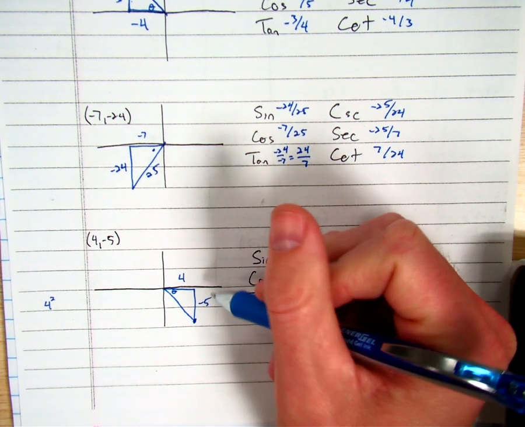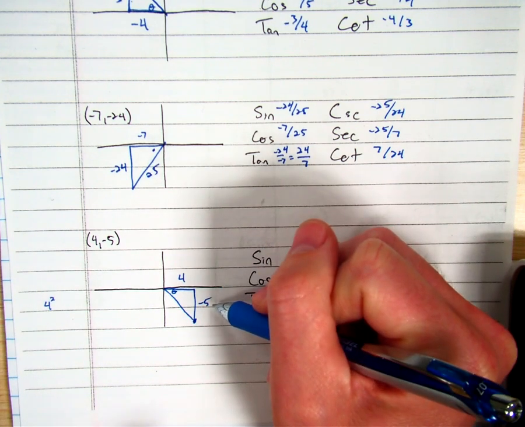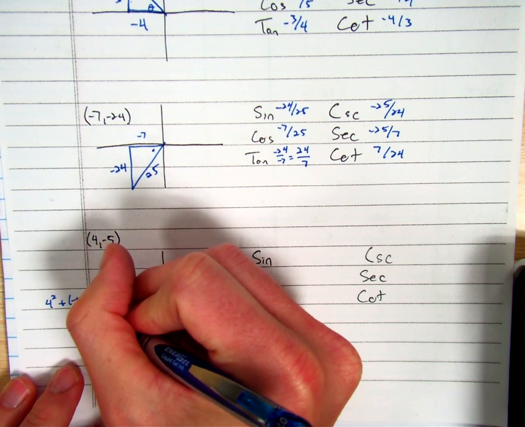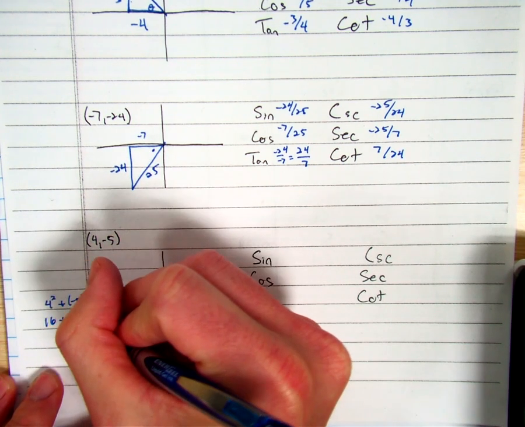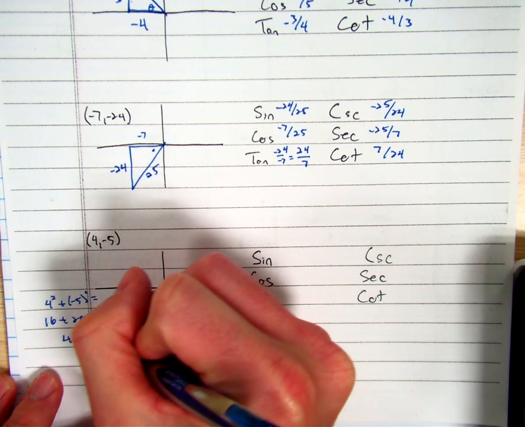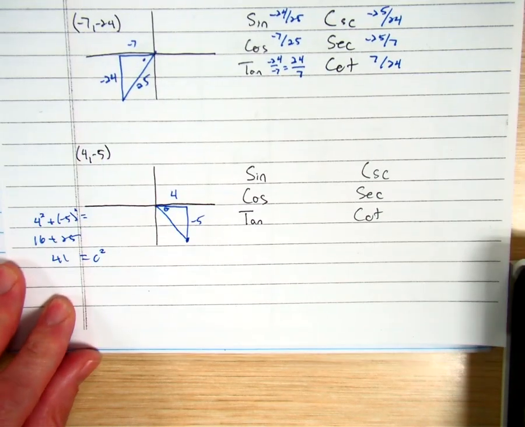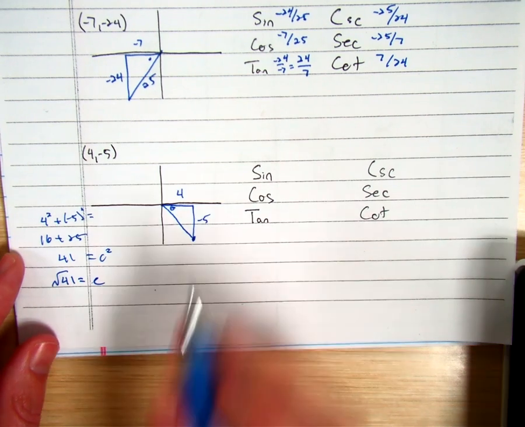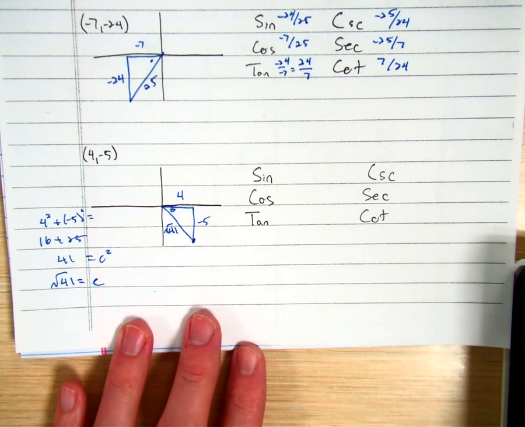The only way that would work is if the longest one's the hypotenuse. 5 is not the hypotenuse, so it's not going to work. 4 squared plus negative 5 squared. So we got 16 plus 25, we're at 41. And then we square root. So we're going to have the square root of 41, which is going to make it interesting.